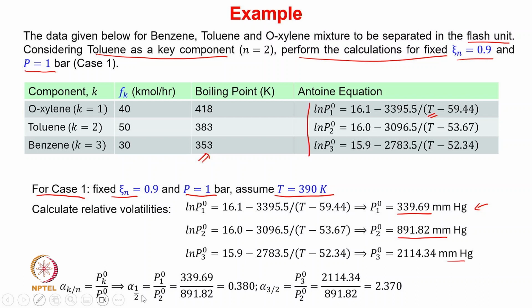Remember here the key component is component 2. So now we can calculate relative volatility alpha Kn as P1 naught divided by P2 naught. That comes out to be 0.380. Similarly, the relative volatility of the third component with respect to the key component 2, alpha 32, is obtained as 2.370. These are just the ratios of the vapor pressures obtained using the Antoine equation.